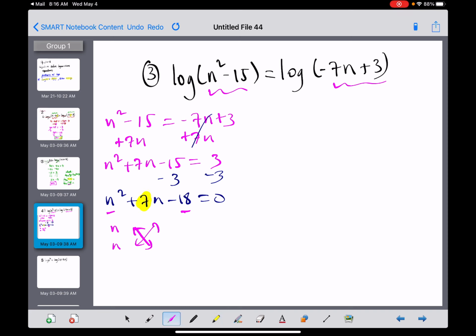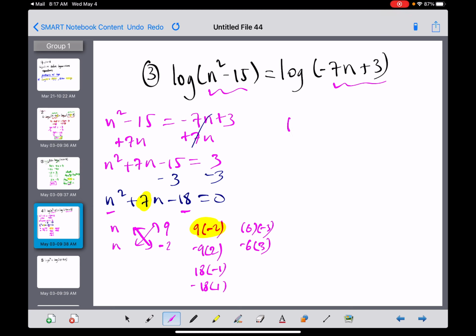So the choices are 9 times negative 2, negative 9 times 2, 18 times negative 1, negative 18 times 1, 6 times negative 3, negative 6 times positive 3. Only one is the correct one, and the correct one would be 9 times negative 2, because 9 minus 2 gives you 7. So we're going to pick that.